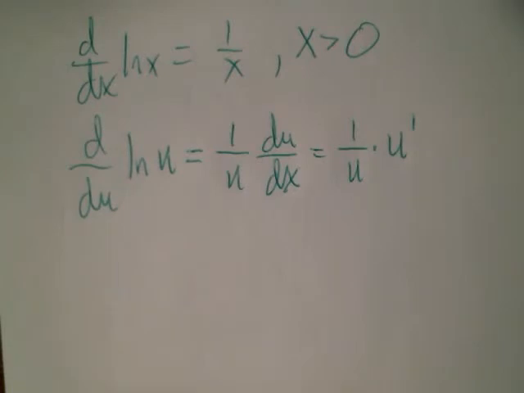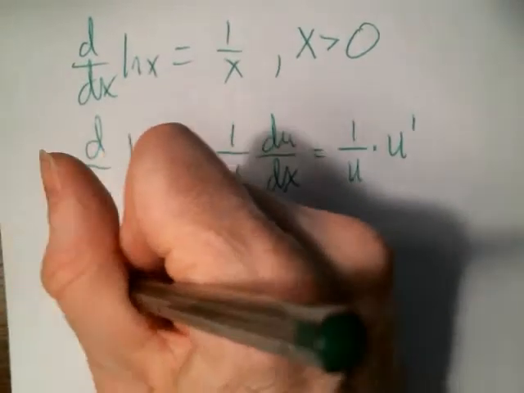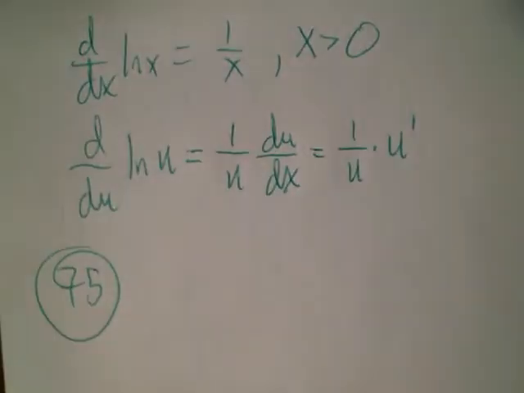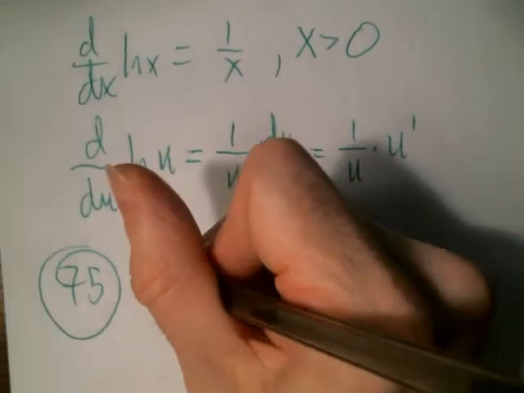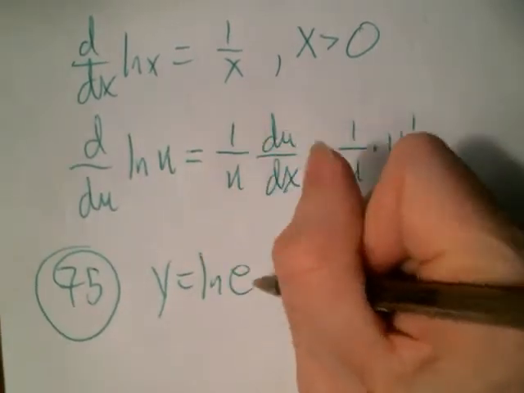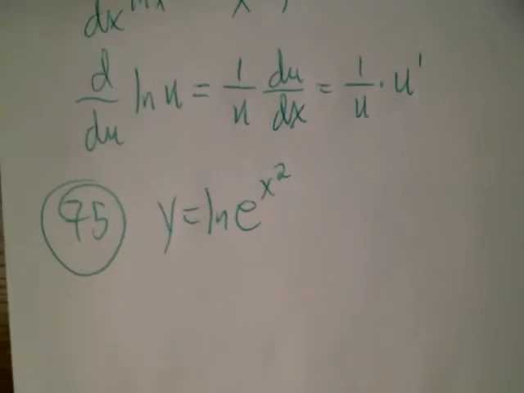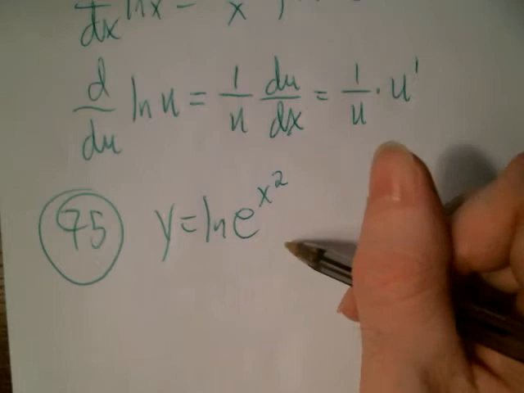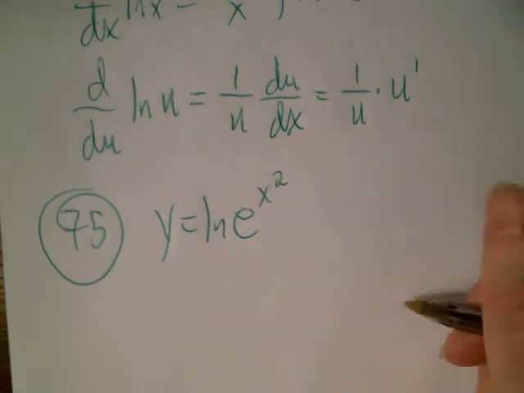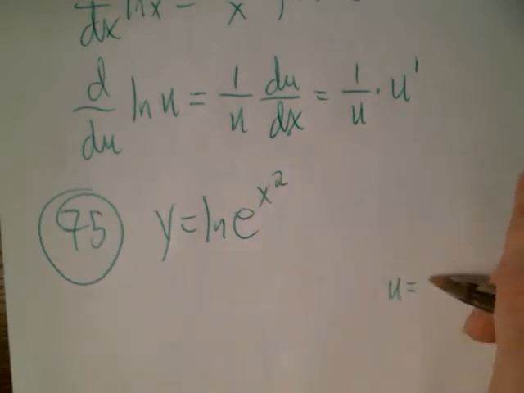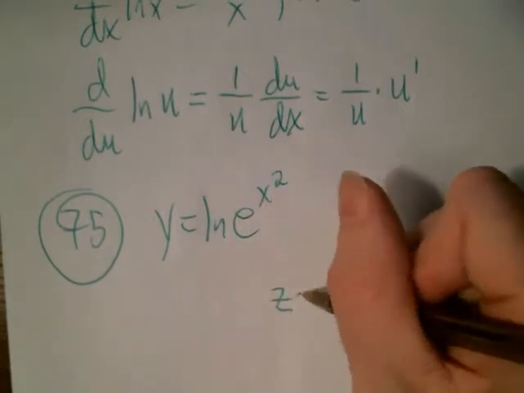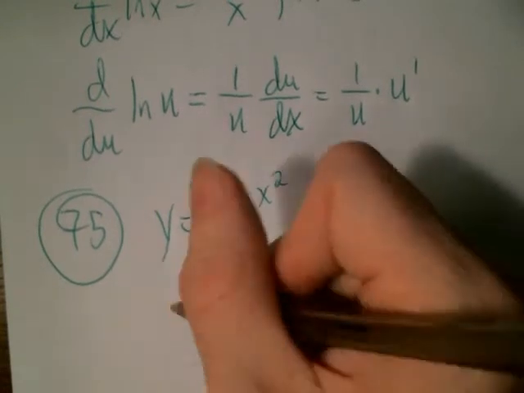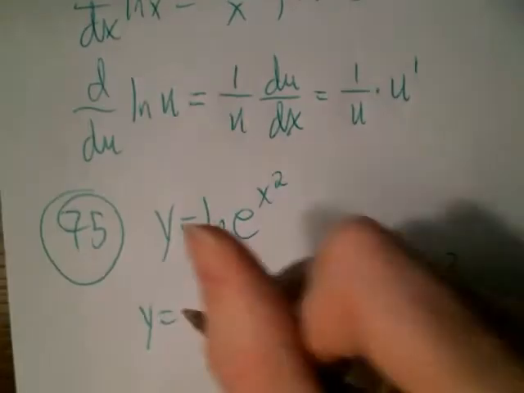Okay, so let's take a look at 1 or 2 of these. We have number 75 here. We have y equaling the ln of e to the x squared. We can take it into pieces, right? The innermost part is x squared, and then moving up one level, z is e to the u, and then moving up another level, y is the ln of z.